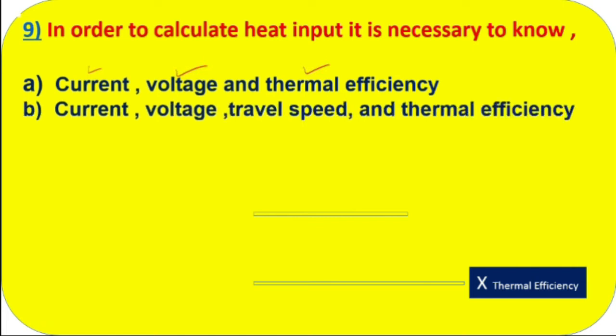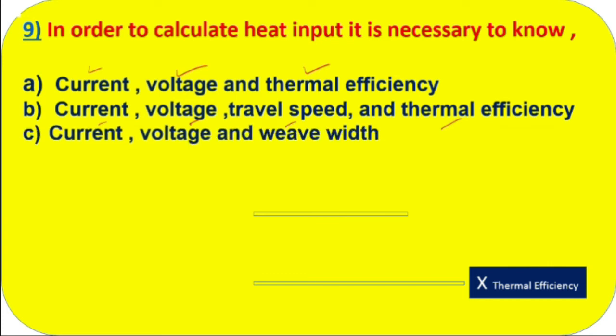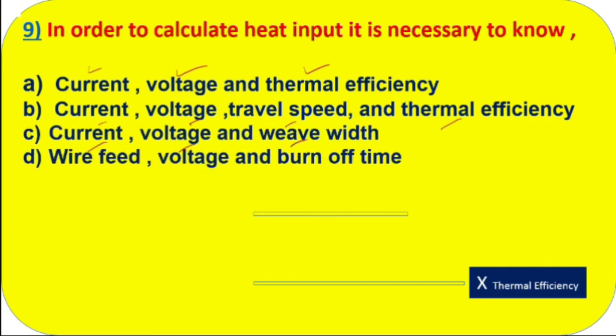B: current, voltage, travel speed and thermal efficiency. C is current, voltage and weave width. And D is wire feed, voltage, burn off time. This is a very interesting and important question. So many people know that it requires current, voltage and travel speed. But there is no option with current, voltage and travel speed.